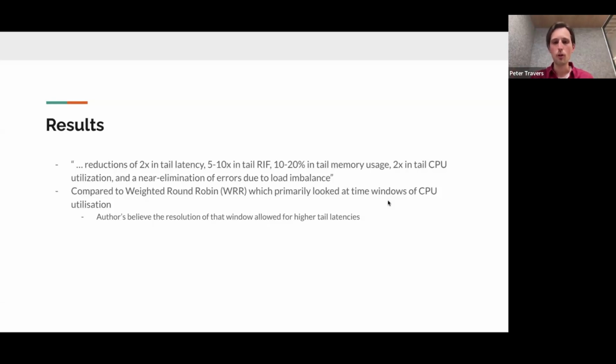Weighted round robin would still see this historic utilization of CPU, and it wouldn't account for the fact that there were already 40 requests in flight directed to a node. For a 1 minute interval, all the load balancer knows is that there was low CPU utilization on a node. So it will direct 40 RPCs to that node, and then suddenly that CPU will spike really high and you'll see high errors.